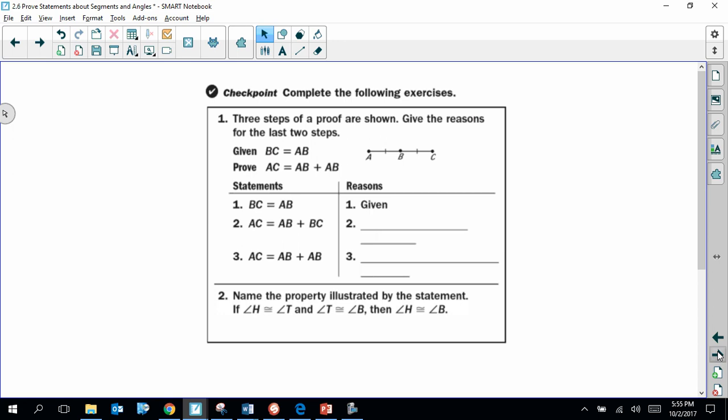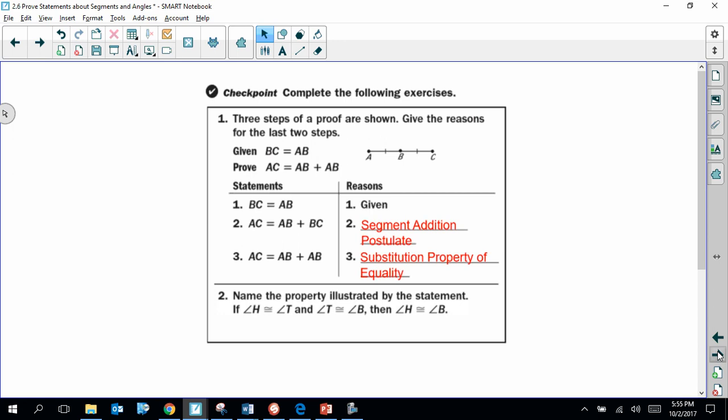Pretty much everything is, the first statement is going to be given to you, or the reason is given to you. The second statement says that AC is the sum of AB plus BC. Looking at that, we're just talking about segment addition.